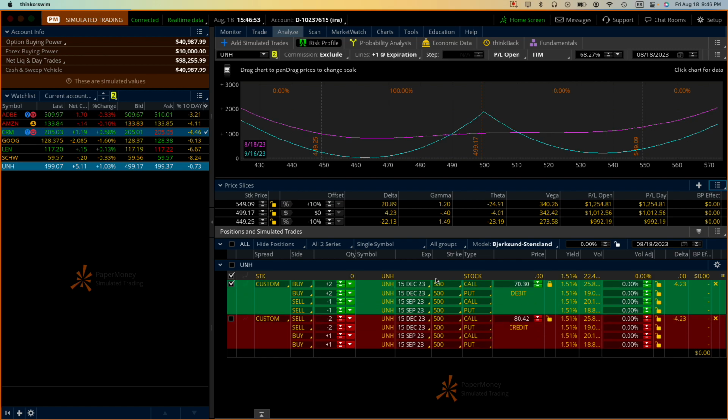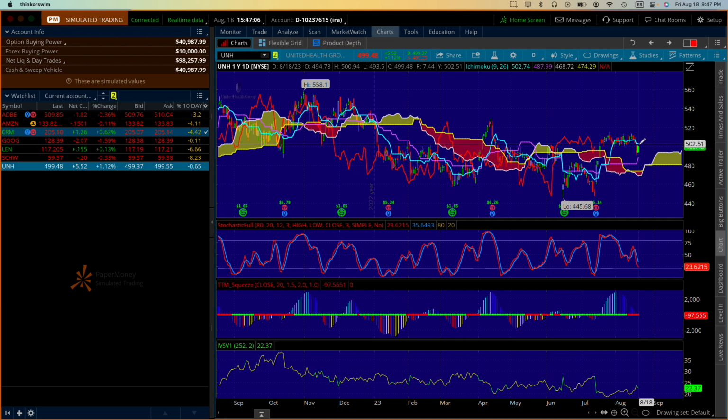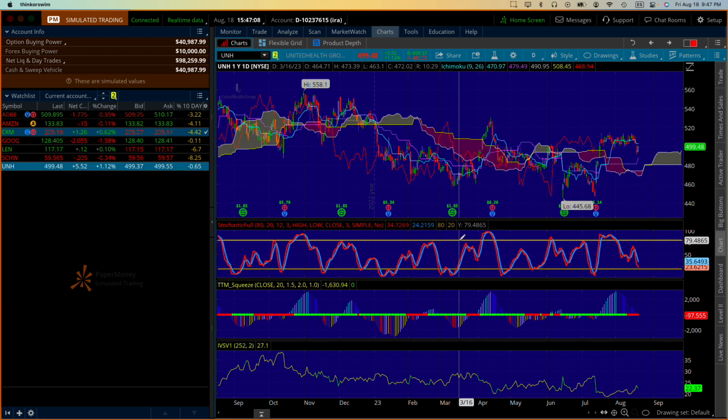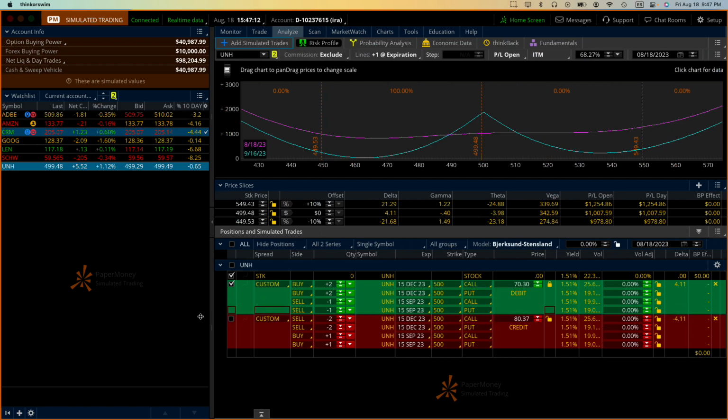Okay, and we have a profit of $1,000. Do I want to close this position? No, I think it's going to move either way. This is a very flat pattern, and a big change I suspect is about to happen. So I'm going to let it be, and that's about it.